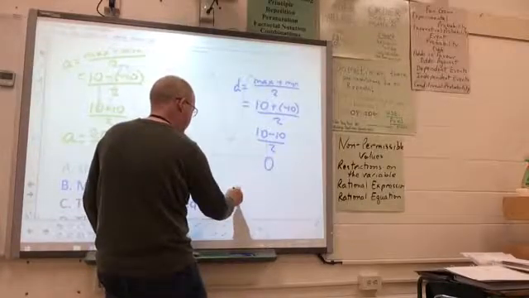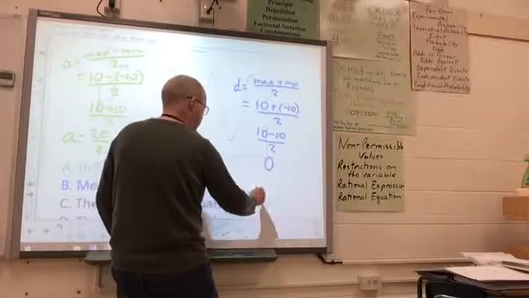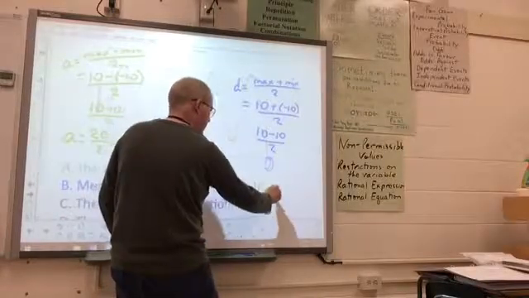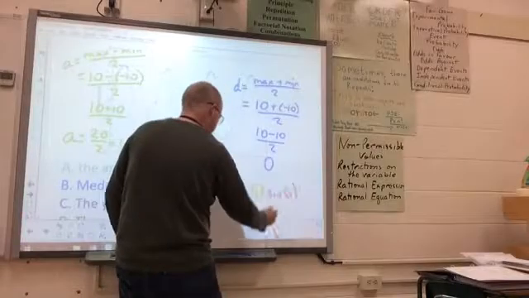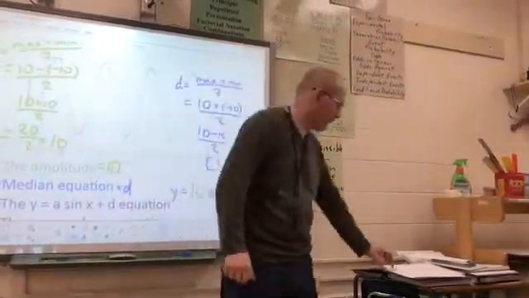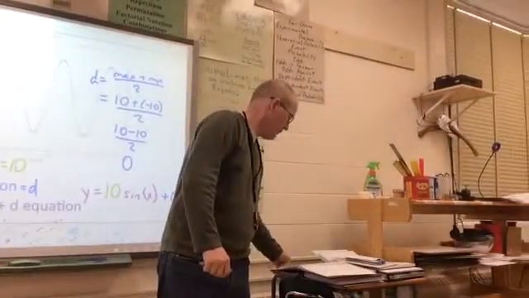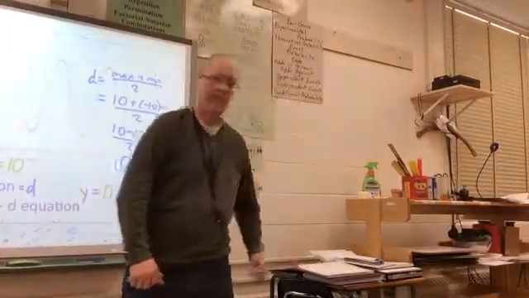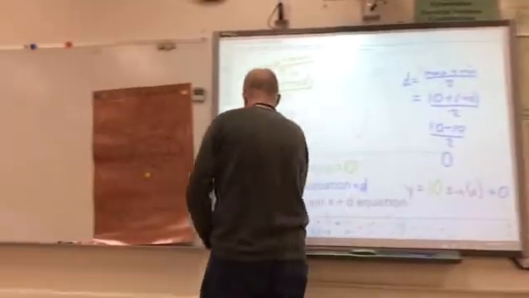So this is y equals 10 sine of x. And if you really want to put in the plus 0 at the end, you can, but why? All right? Now, a couple more.